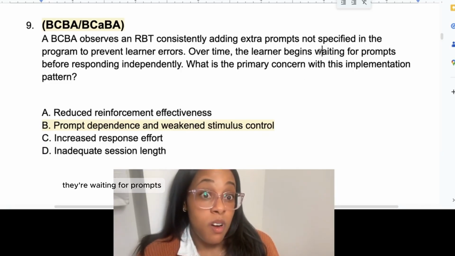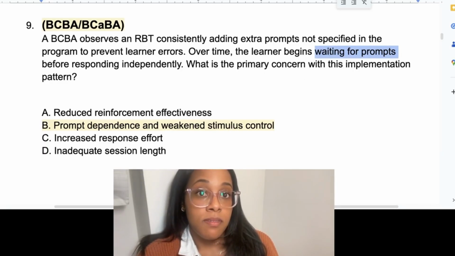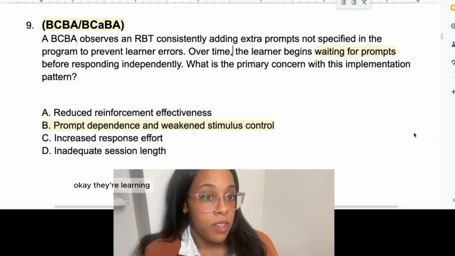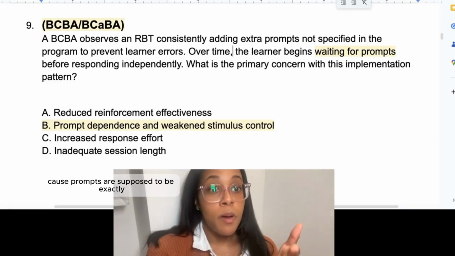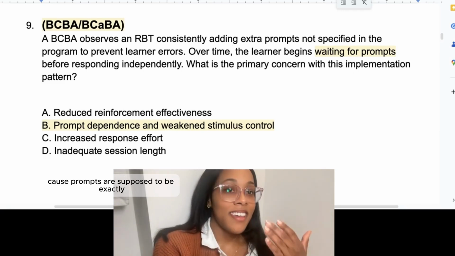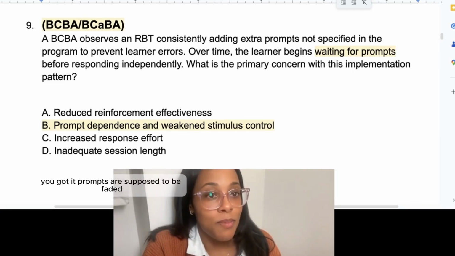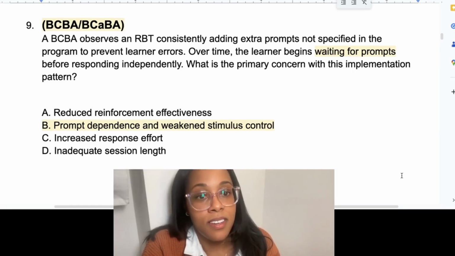They're waiting for prompts. Okay, they're learning. The learner is waiting for prompts instead of moving towards independence, because prompts are supposed to be, exactly, you got it. Prompts are supposed to be faded.